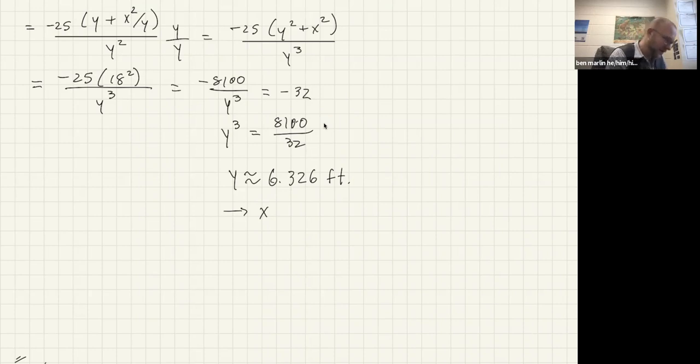It is embarrassing how much calculator effort that took me. 16.852. So 16.852 feet. So when you get an 18-foot ladder, almost 17 feet away from the wall, that's the time when it's going to start not sliding down the wall anymore.